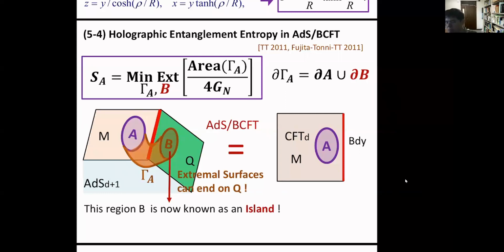Then we should ask, what about the homology constraint, right? The homology constraint means this surface gamma should be homologous to A, right? But if we have a B, it does not seem to satisfy the homology constraint. But the idea is that for surface Q, once we impose the Neumann boundary condition, this is nothing related to any Hilbert space. This is also crucial in this island story.